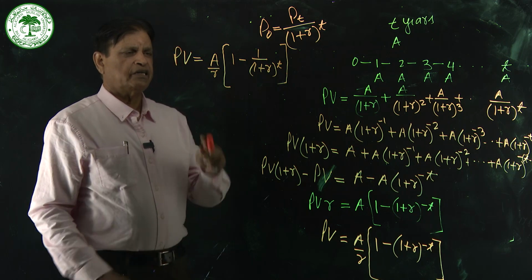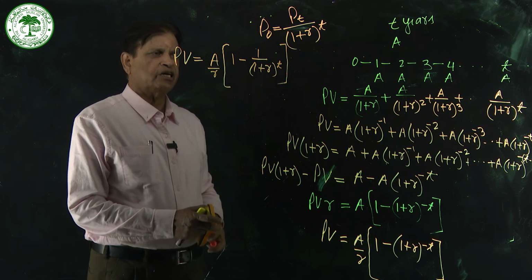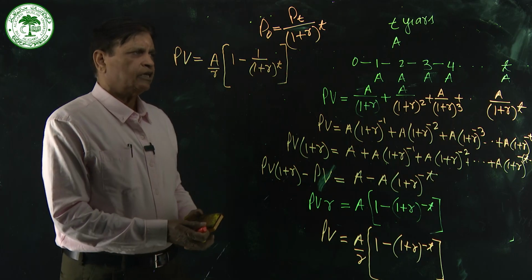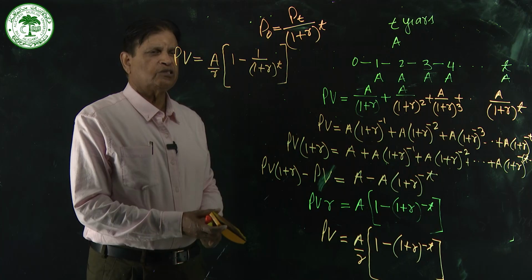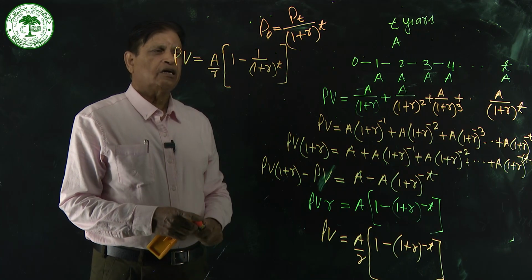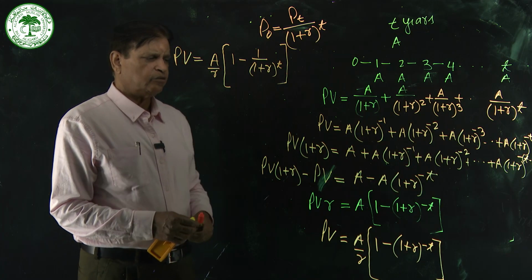Present value of an annuity can be calculated by this simple formula, that instead of writing this entire expression, we can use this formula to calculate the present value of an annuity.